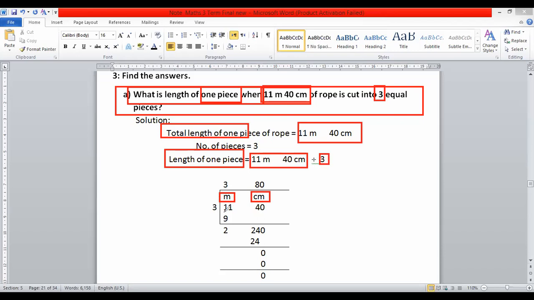First of all, we divide 11 by 3. 3 times 3, we get 9. 11 minus 9, 2. It means we are remaining 2 meters. 2 meters means 200 centimeter.